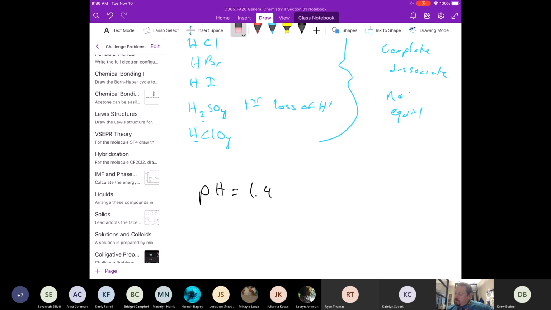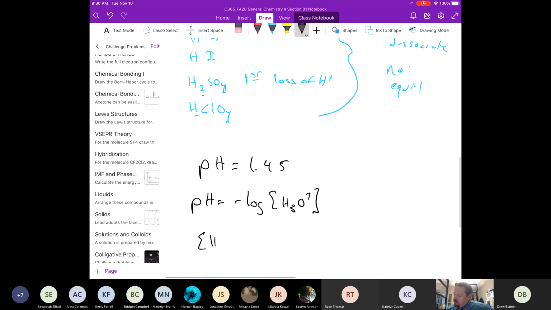But if we remember that pH is equal to the negative log of the H3O plus concentration, right? So if we know the pH, we can calculate the H3O plus concentration, because the H3O plus concentration is equal to 10 to the negative pH. So this is equal to 10 to the negative 1.45.